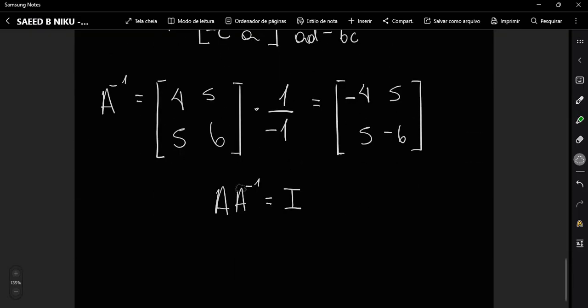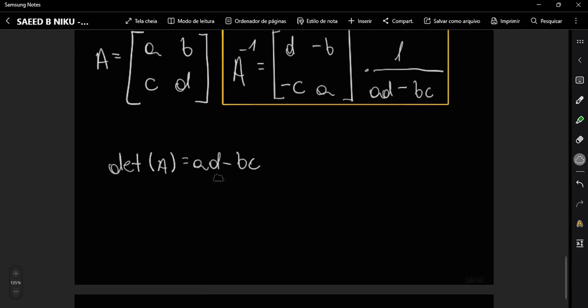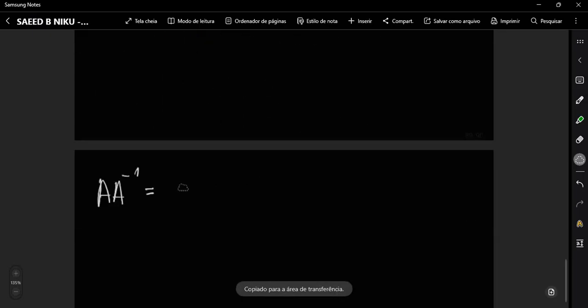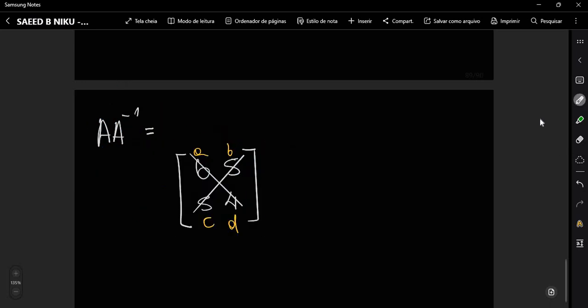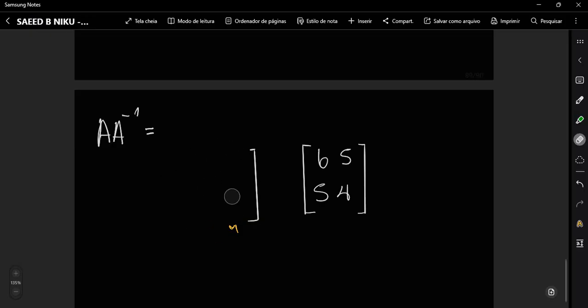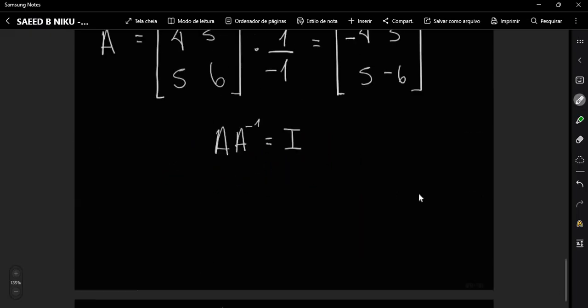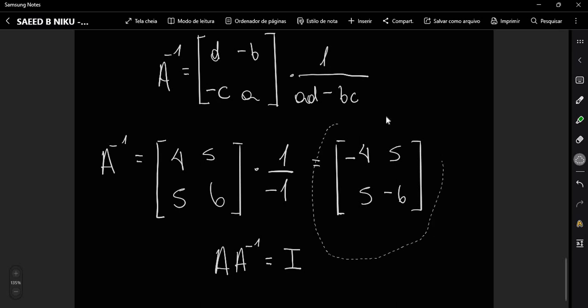So let's take the original matrix A, 6, 5, 5, 4, times its inverse that we have just found.